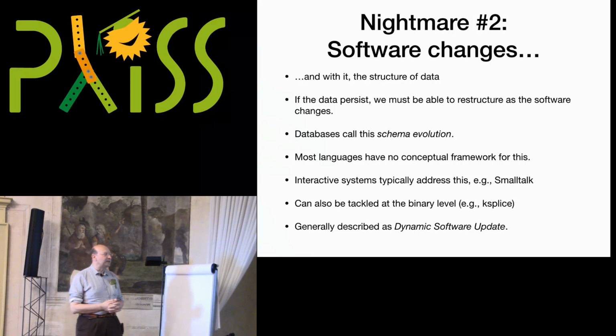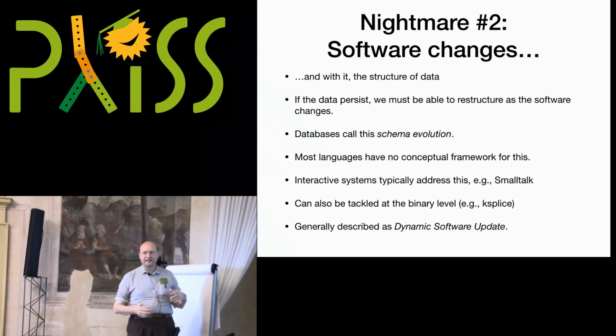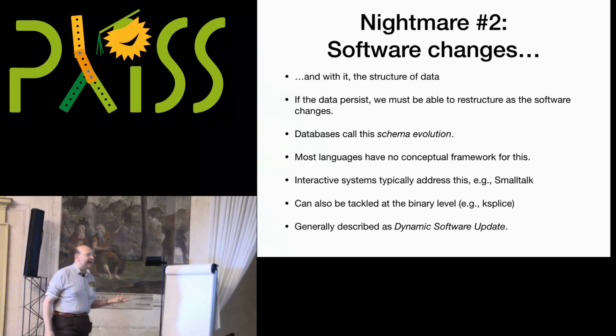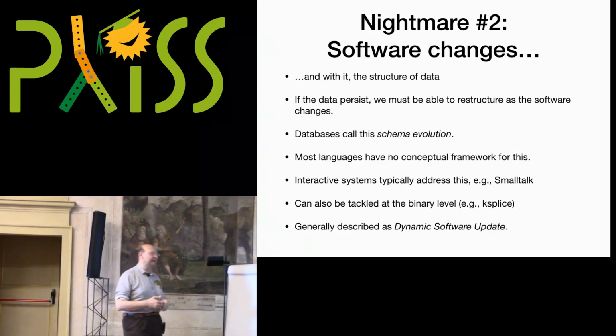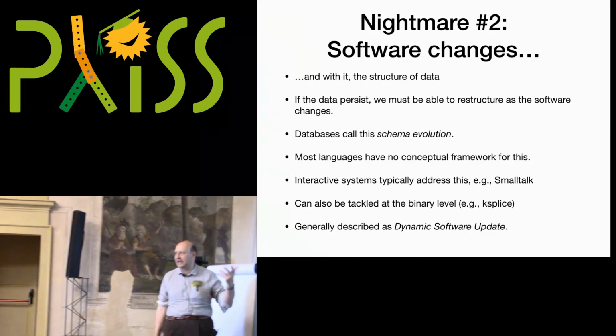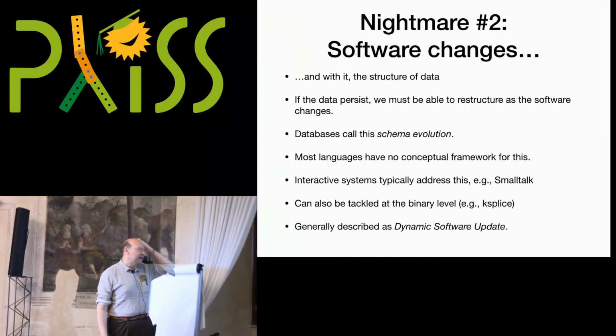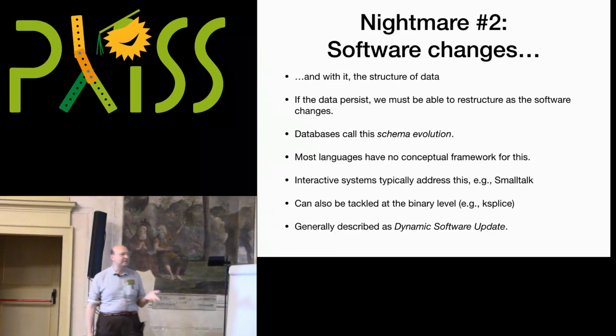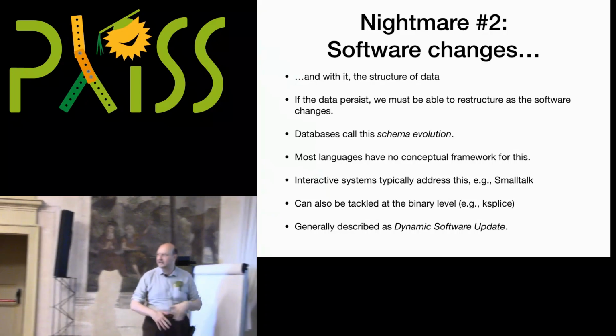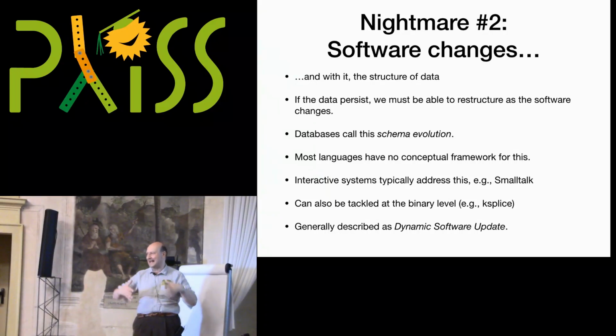But if we want to do that in the context of a persistent memory, and we don't want a second external copy of the data, then we need to figure out how to do that for memory structures. Databases call that schema evolution. They have a solution to all of their things, but of course languages, generally speaking, don't have any kind of conceptual framework for this at all.